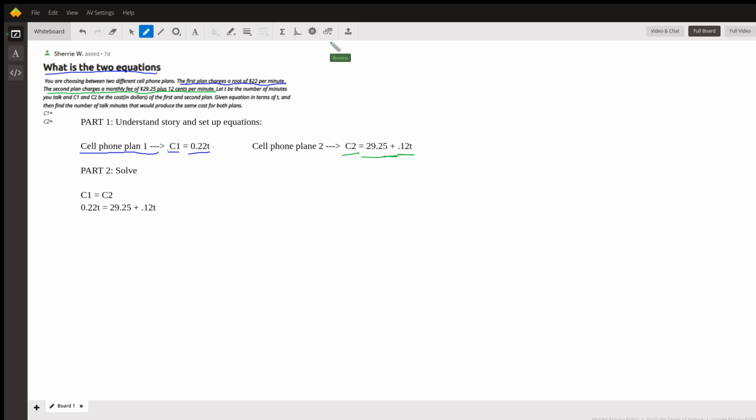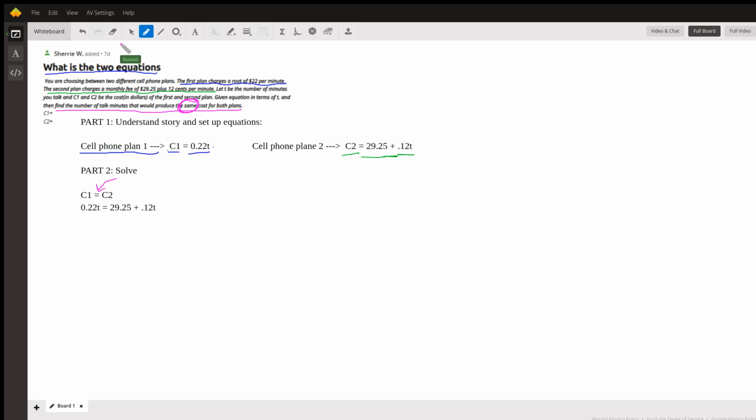All right, moving forward, we have part 2, which is to solve. Now, this portion is going to be important when they ask, find the number of talk minutes that would produce the same cost for both plans. So the keyword here is same. In the math world, same reflects the equal sign.